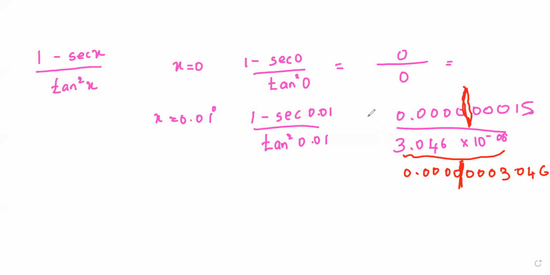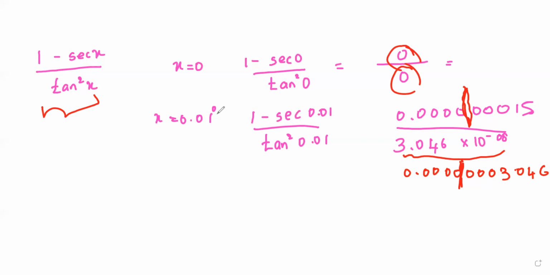So here what we are getting is 0 divided by 0. When we are using the calculator, it might return a very big number, or it might tell you that you have inputted an incorrect math input. So when we use approximation with decimal numbers, it's going to go wrong. That's why we can change this equation into a format where we are not getting these kinds of problems, these zeros over there.